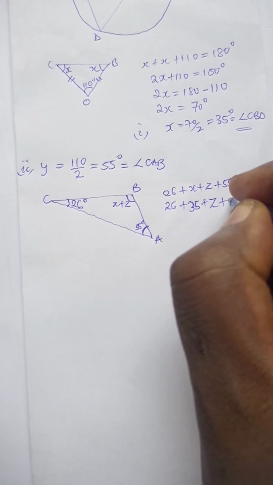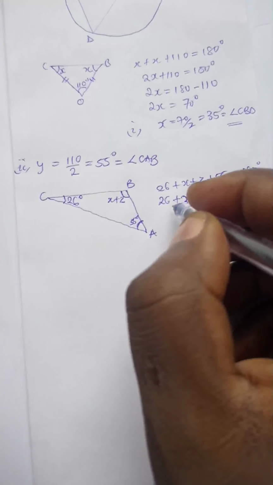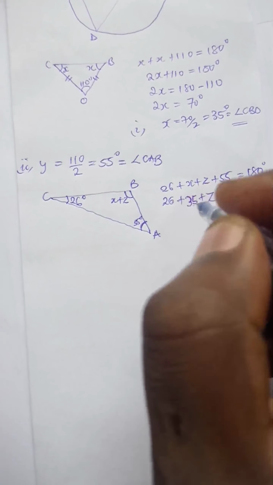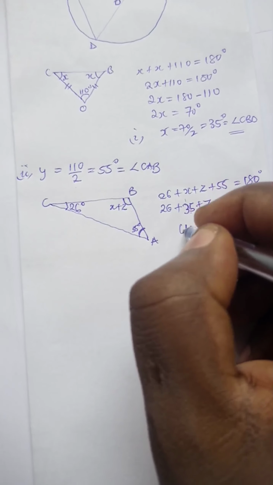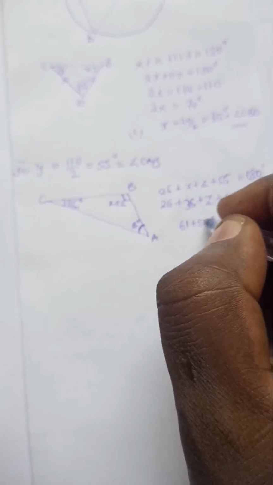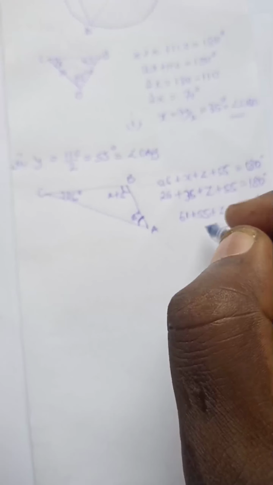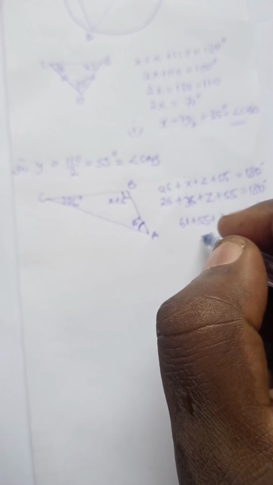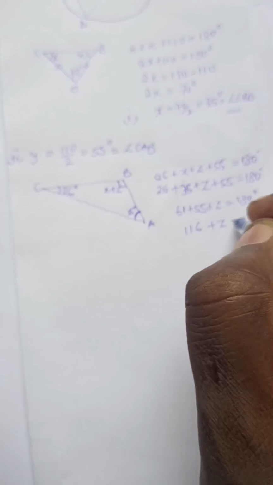So 26 plus 35 plus 55 plus z is equal to 180 degrees. 26 plus 35 is 61, and 61 plus 55 is 116. So 116 plus z is equal to 180 degrees.